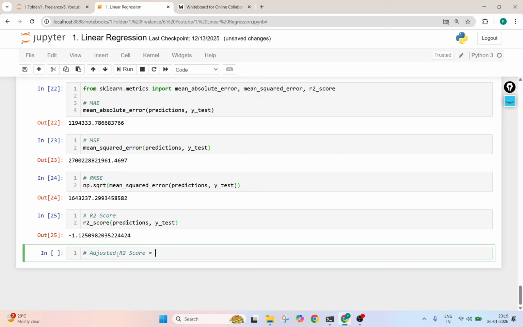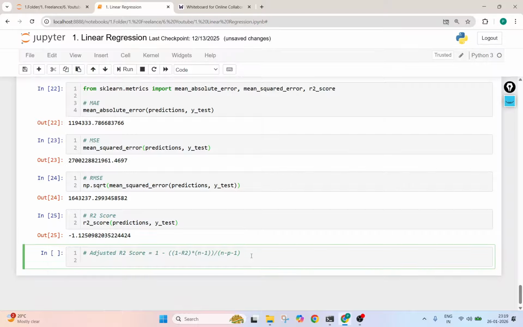The formula is 1 minus, right? 1 minus R2 score into (n minus 1), whole should be in bracket, divided by n minus p minus 1, right? So this is our adjusted R2 score.